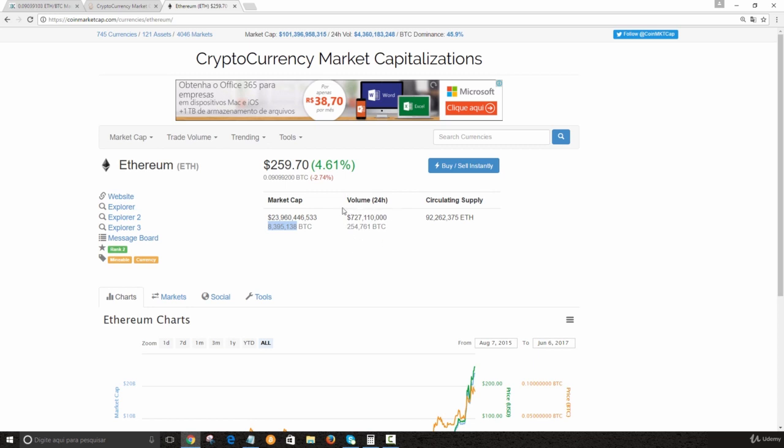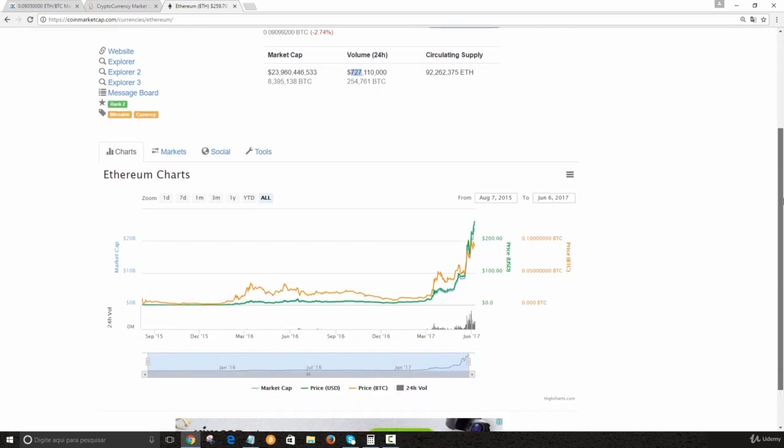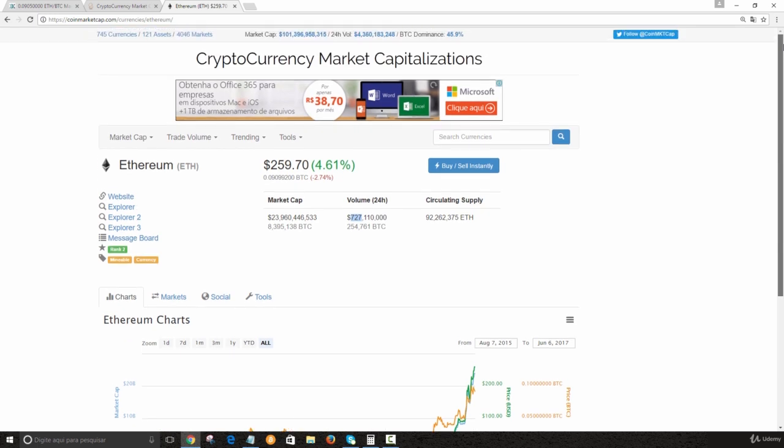It's a volume that represents on a daily basis more than $727 million. What do you think? Is it a big market? Do we have the real information? Let's say the essential information on this website, all cryptocurrencies that you are monitoring and you intend to invest in, Coinmarketcap will give you.